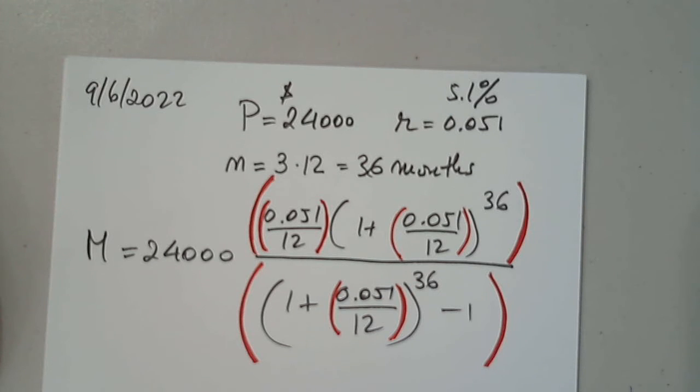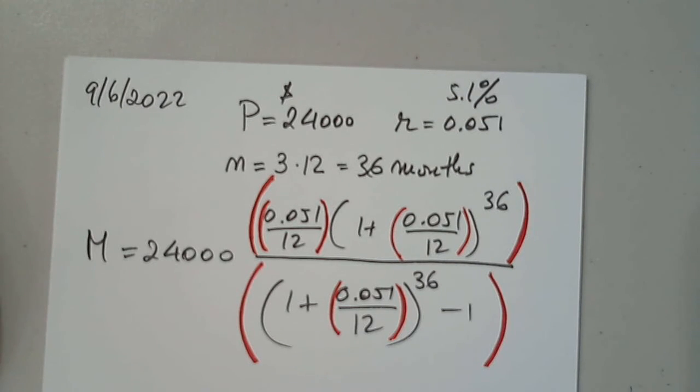Close again, caret. I like all those powers in parentheses, but this is okay. You don't really have to for the power. Come down from there and close, and this is done. The numerator is completely done.